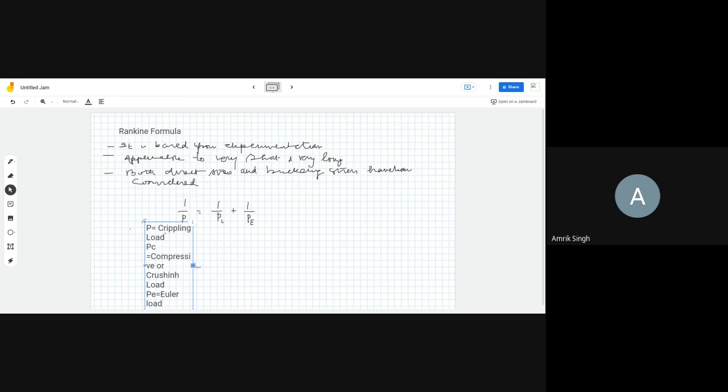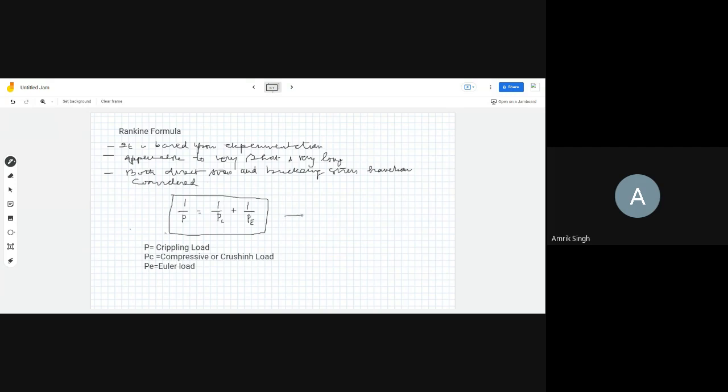So these are the nomenclature, and this is the Rankine formula.